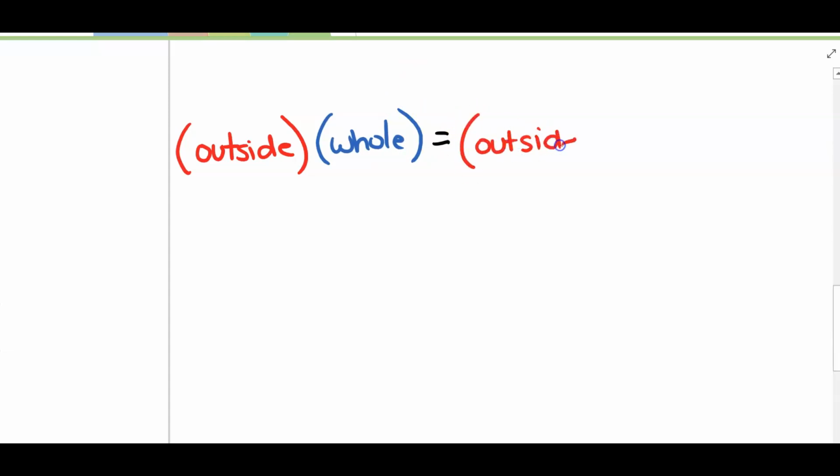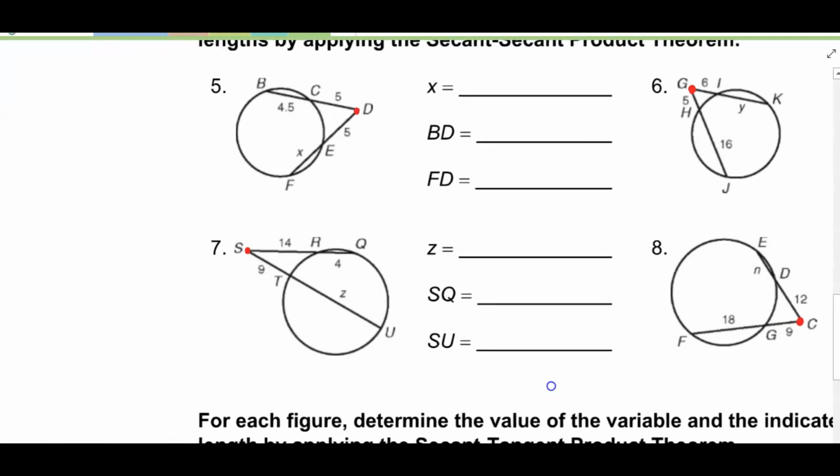The outside piece times the whole is equal to the other outside piece times that whole. Okay, so outside times whole equals outside times whole.